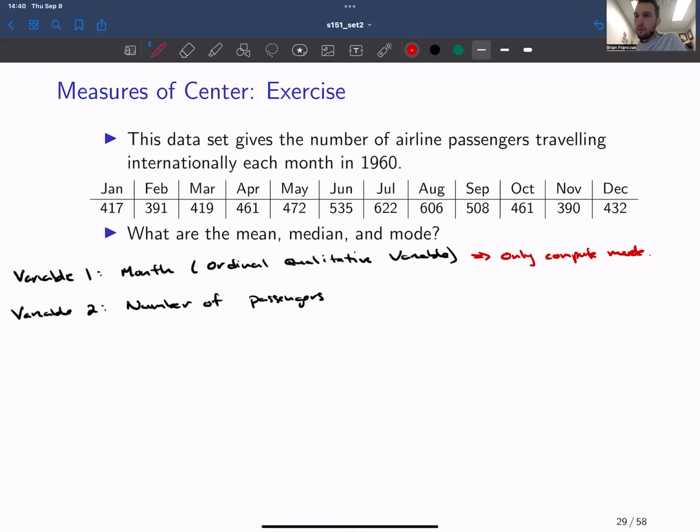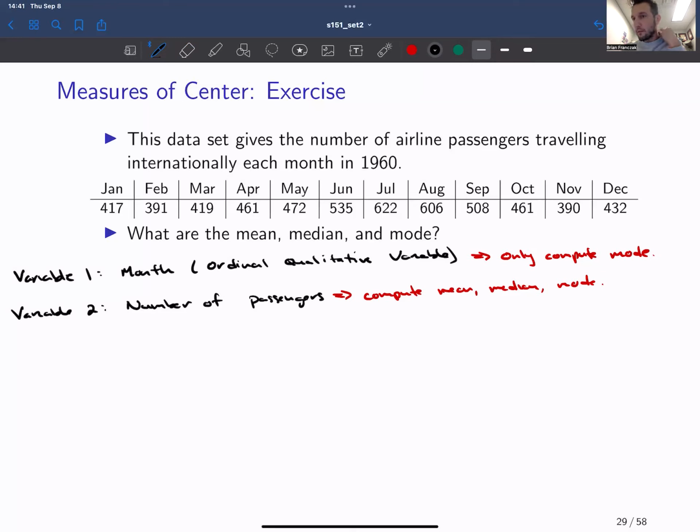And for variable 2, we can compute the mean, the median, and the mode because it's a quantitative variable. So let's start by computing the mode for the qualitative variable, which is the month of the year.